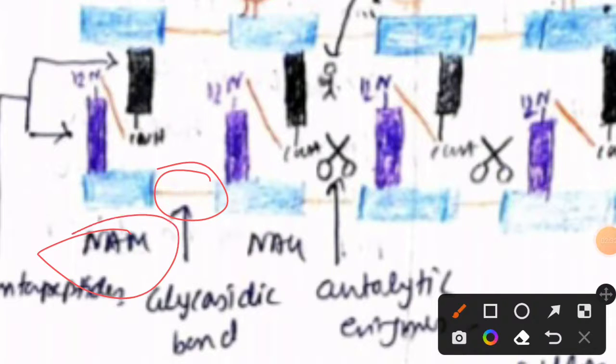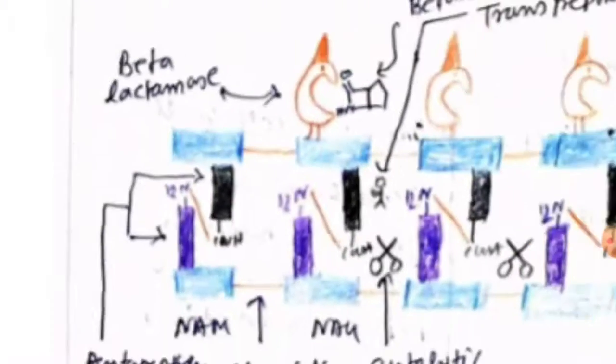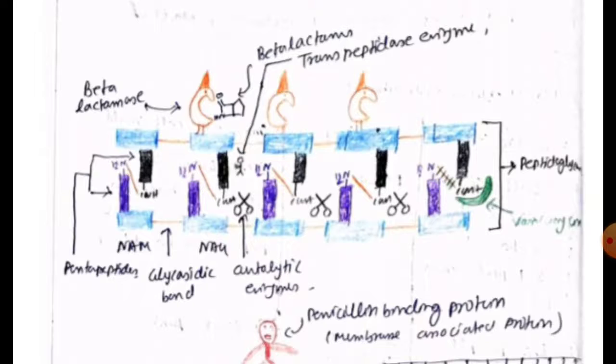Because they are carbohydrates, it is obvious they will be joined by glycosidic bonds. In between them there are two pentapeptides joined together by peptide bonds. That is how the construction of peptidoglycan looks.